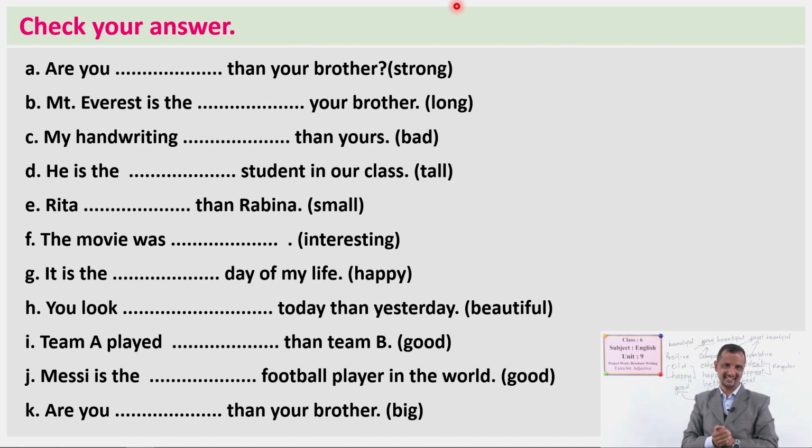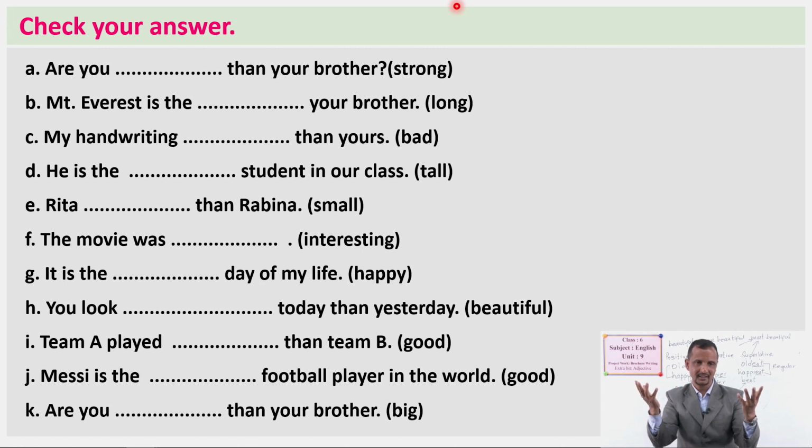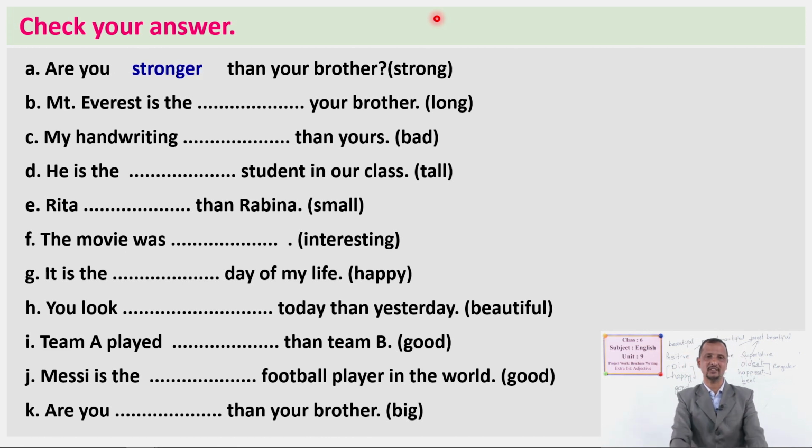Thank you very much. I hope you have done it well. So, are you ready to check your answers? Good. Now, number A, are you strong, stronger, or the strongest? Already we noticed, if there is than, we use the comparative, stronger.